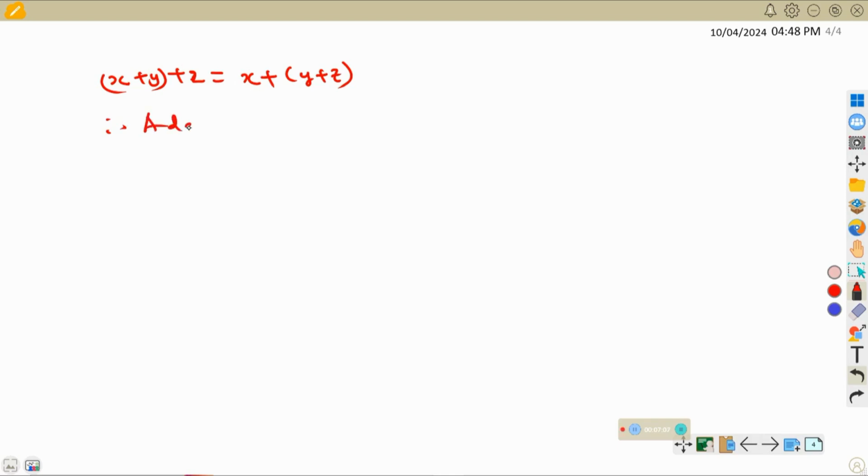Therefore, addition of vectors in R to power n is associative. And that property will as well be proved.